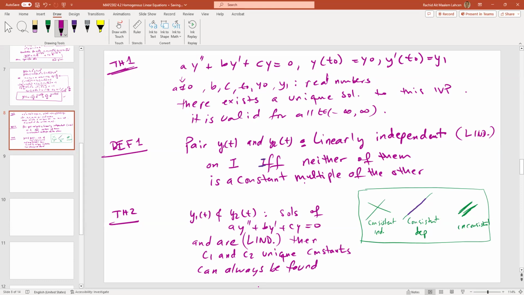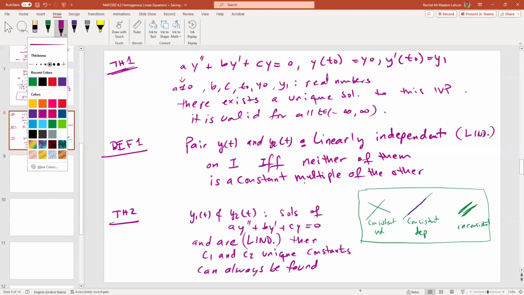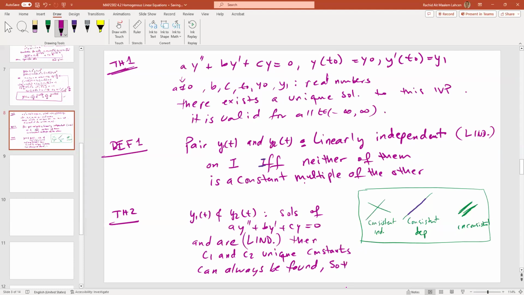So it can always be found, when we need them, so that C1 y1(t) and C2 y2(t) is a solution to the IVP.